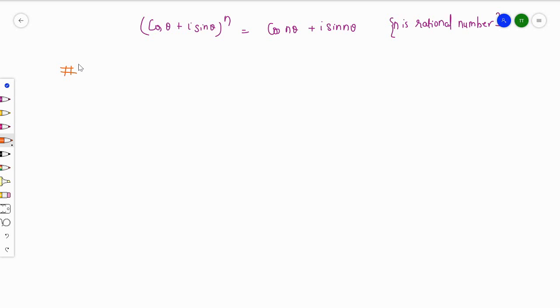First definition is limit of a complex function.